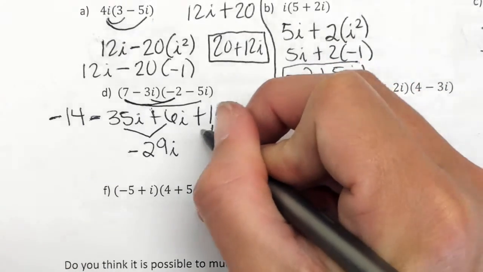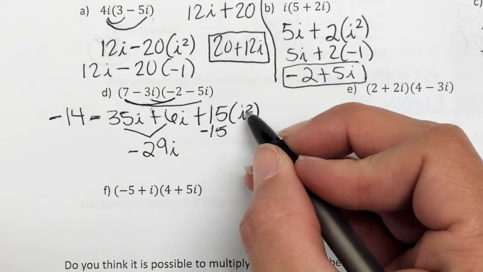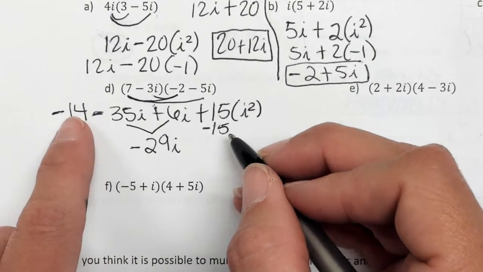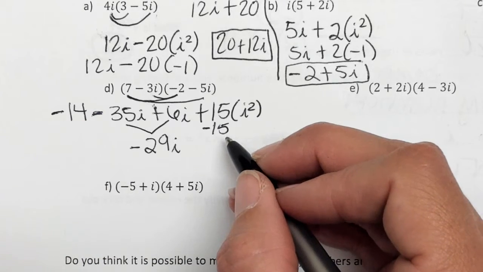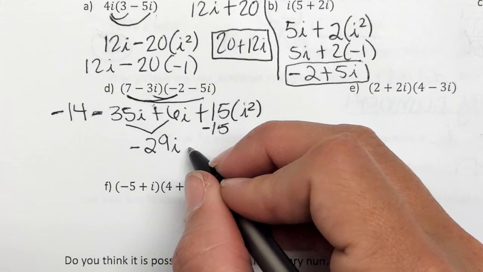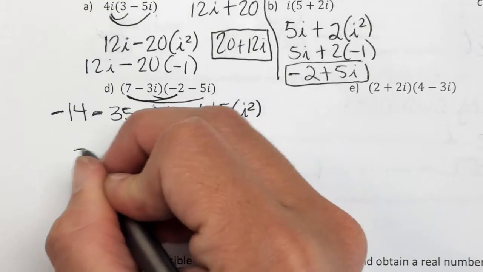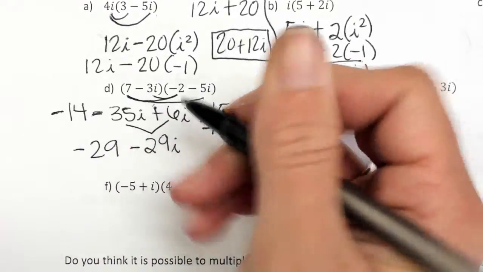So this is -15. Again, because this is -1. So what is -14 minus 15? Negative what? 29. And I need to put that where? Back here? In front. Very good, because the real part always comes first.